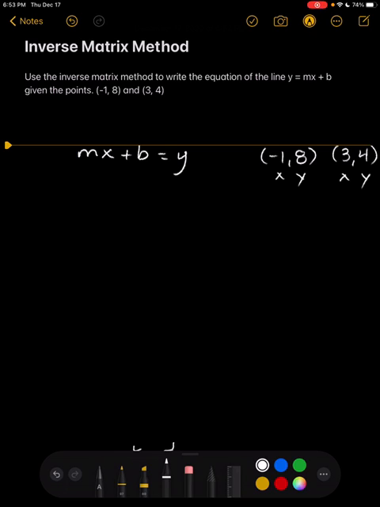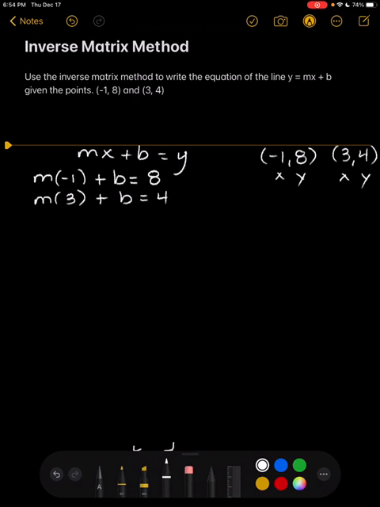So m and b are our unknowns. So we'll substitute the x and the y into this equation. So we have m times -1 plus b equals an 8. And then we have m times +3 plus b equals a 4.